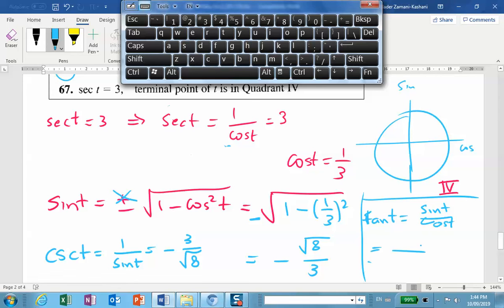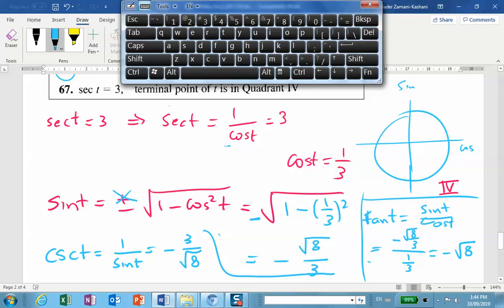Sine t, we worked it out, was minus root 8 over 3, and cosine was 1/3, right? So this is minus root 8, or 2 root 2, same thing.